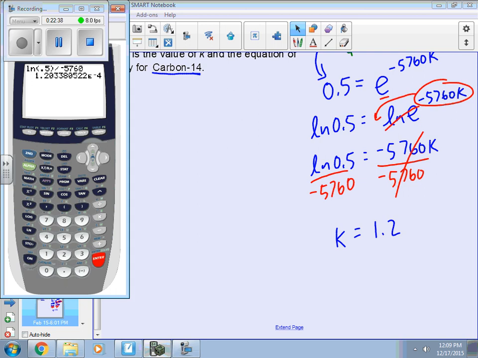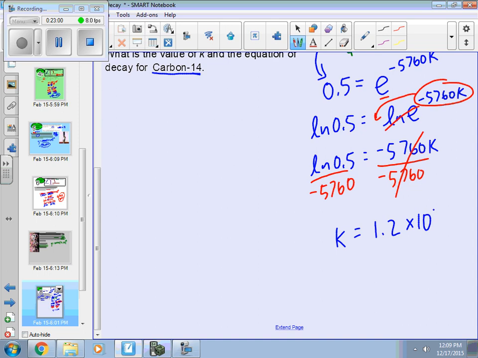But if you look at the end of all this, notice at the end, there's this E, capital E, negative 4. That means your calculator is telling you this is a scientific notation number. So it's not 1.2, this means 1.2, and since it's E, capital E, negative 4, that means times 10 to the negative 4th power. So that is our k value.